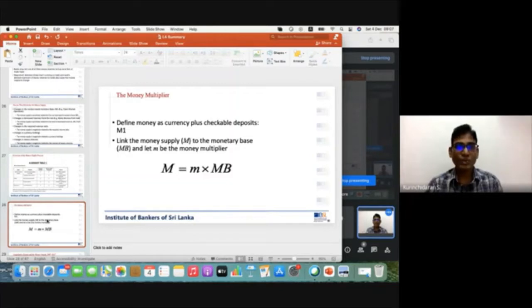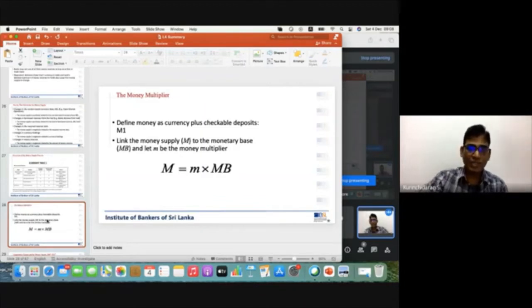So the monetary base, assume currency plus checkable deposits, would be multiplied by the money multiplier to get the money supply.